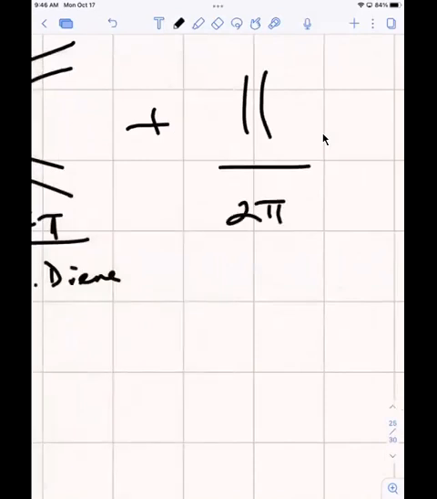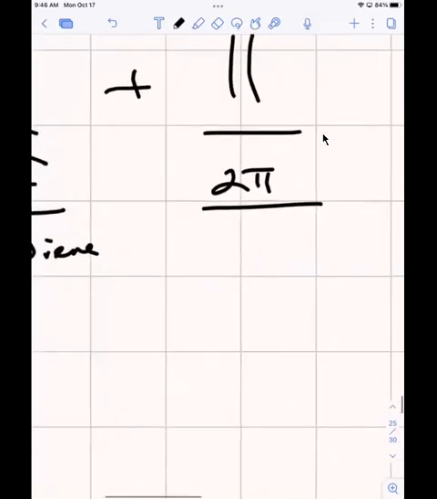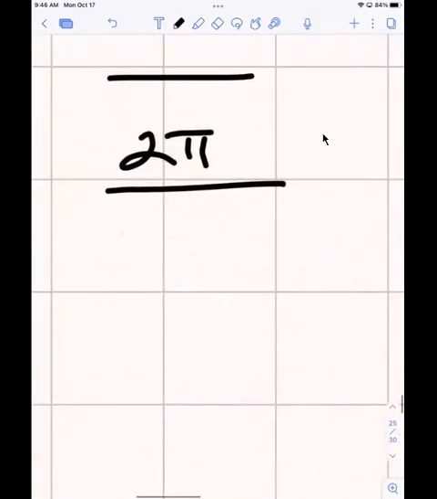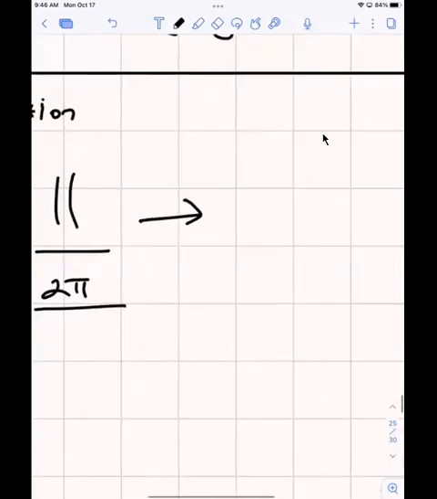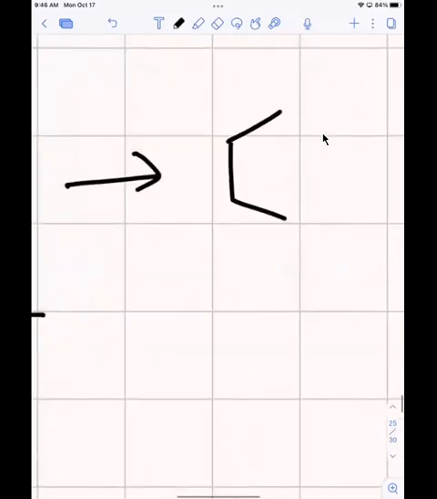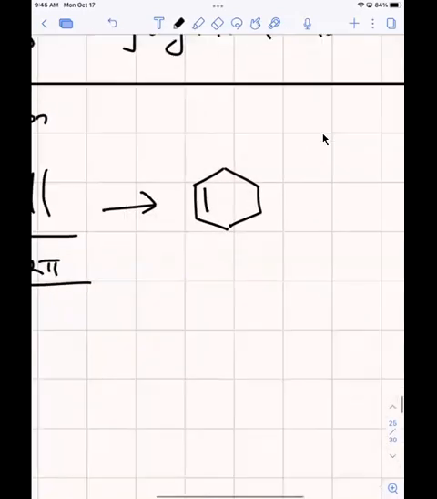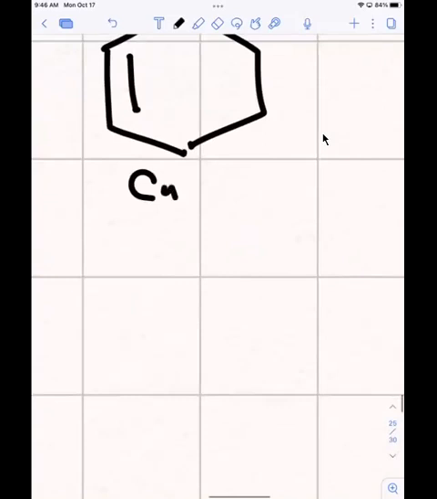All that 4-pi means is that there are 4 p orbitals present. And then 2-pi, there's 2 p orbitals present. So 2-pi system, and that can be in a double or triple bond, it doesn't matter. But when you react them together, the reason it's called cycloaddition is because you get a cyclohexene ring in the product.